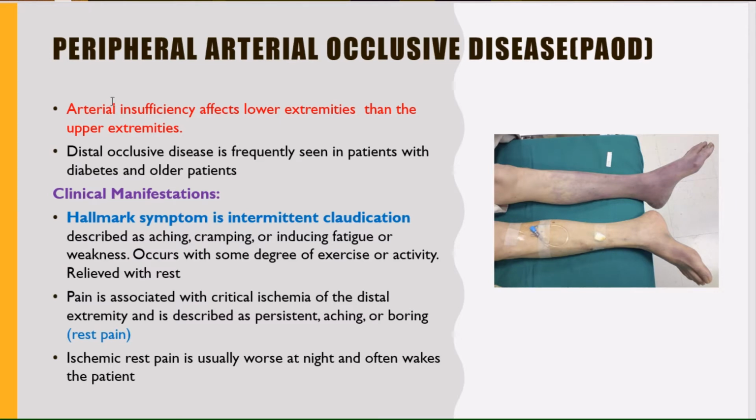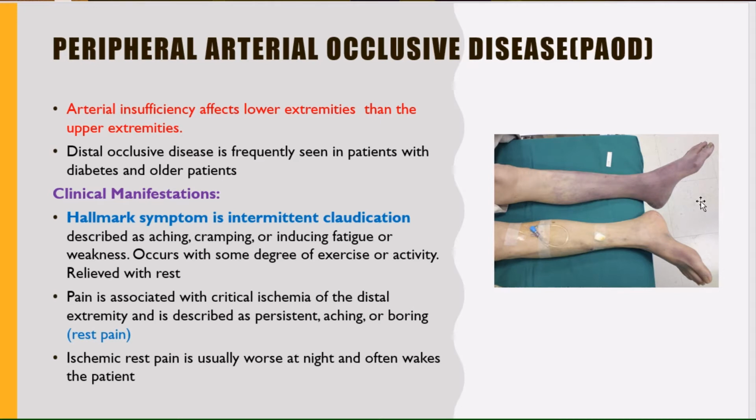Again, arterial insufficiency affects the lower extremities more than the upper extremities. Distal occlusive disease is more frequently seen in patients with diabetes and older patients. There may be occlusion in the artery, and below that occlusion, the circulation can be completely gone.